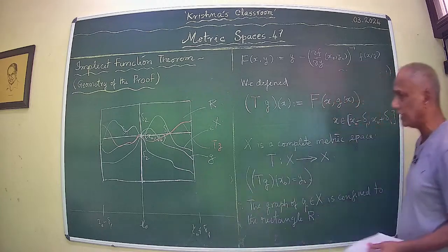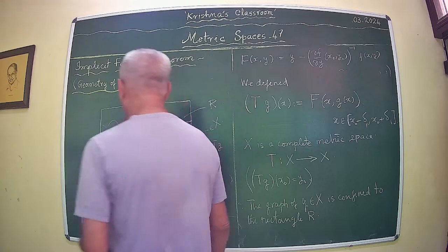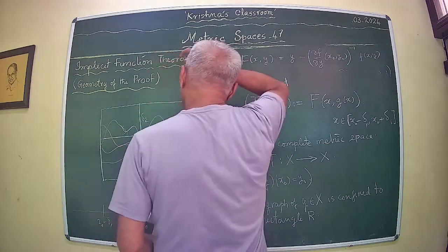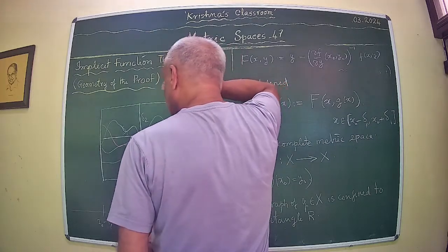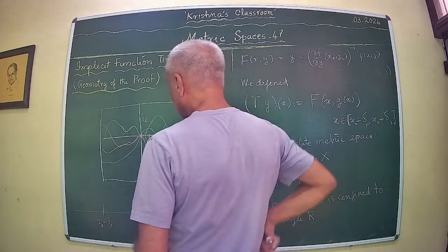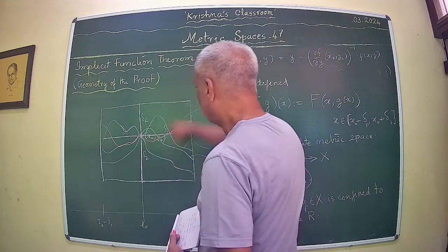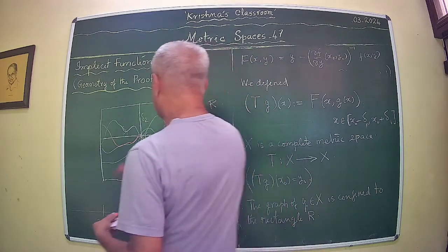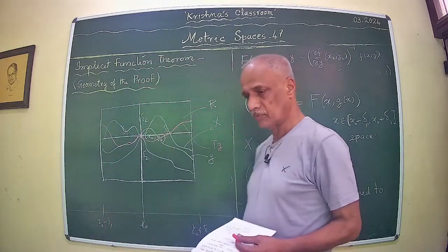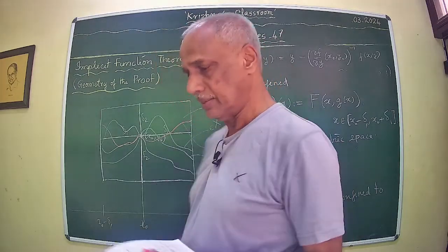So what we have is that you are now defining a function on the complete metric space of all continuous functions on the interval x naught minus delta 1, x naught plus delta 1, and passing through the point x naught y naught with certain bound fixed, so that the graph of such functions stay in this region R. Okay. So that is done. These steps we have already done.